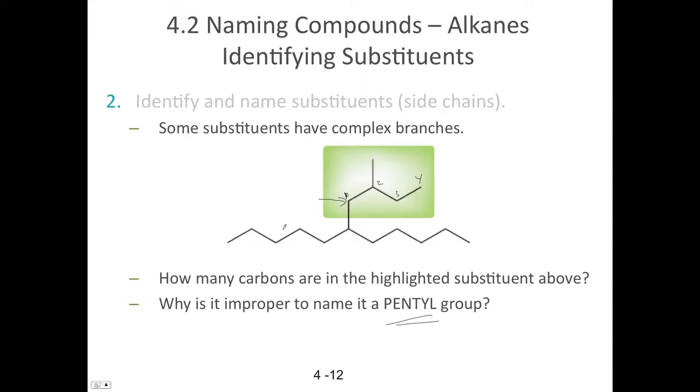Yes, we get that. Okay. This guy here is obviously the parent. This is the parent molecule. And this is the substituent on this parent molecule. But this substituent also has its own parent. This is the parent of this. So here, this is the parent of the substituent, and this is the substituent of this substituent.